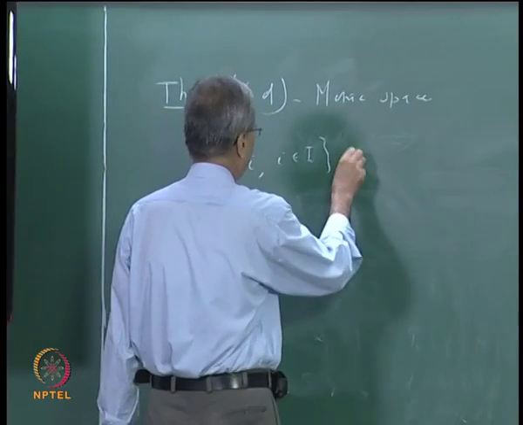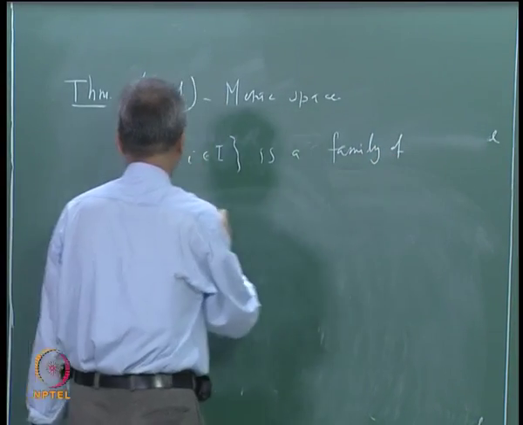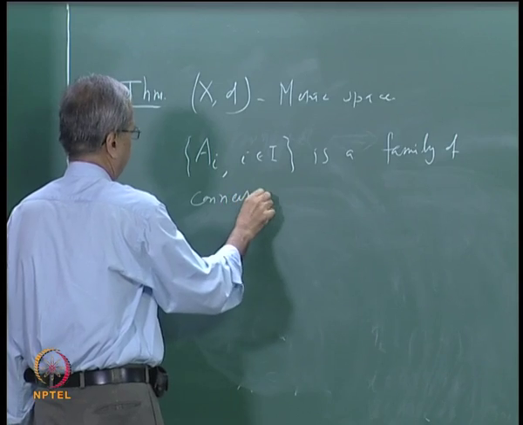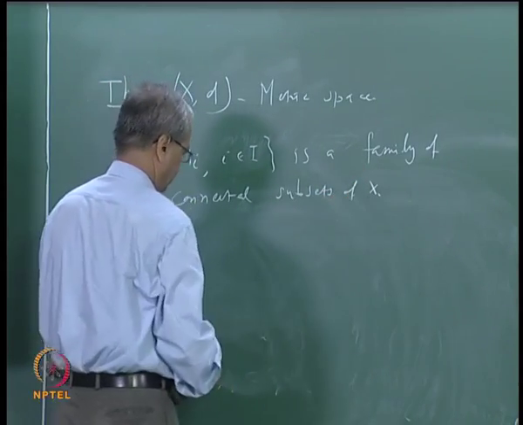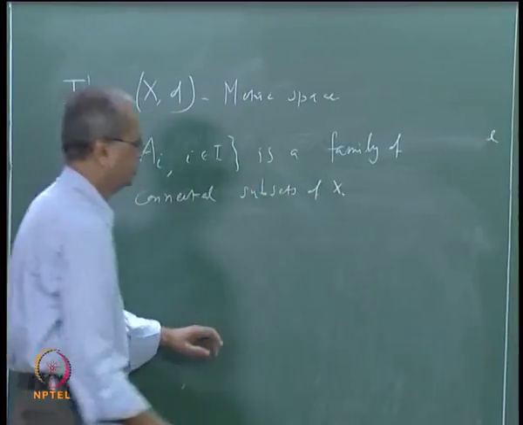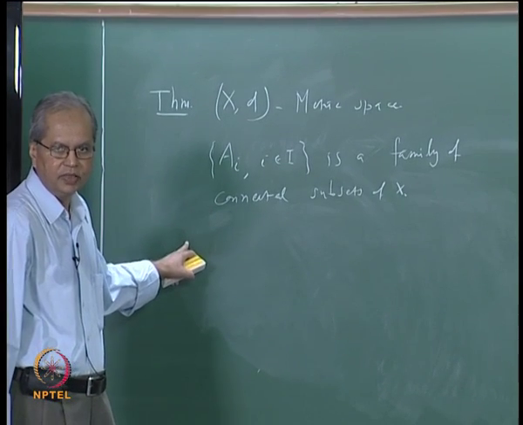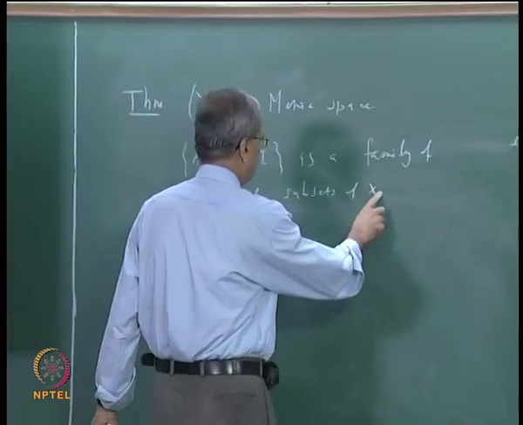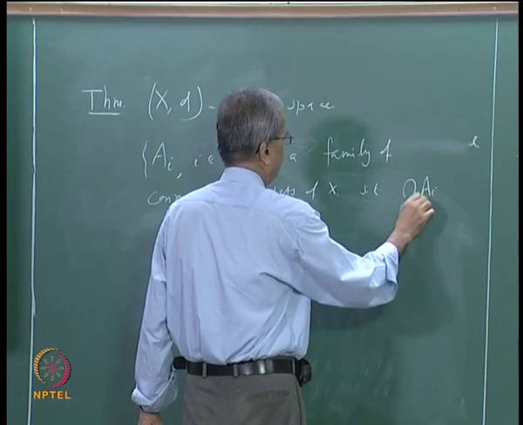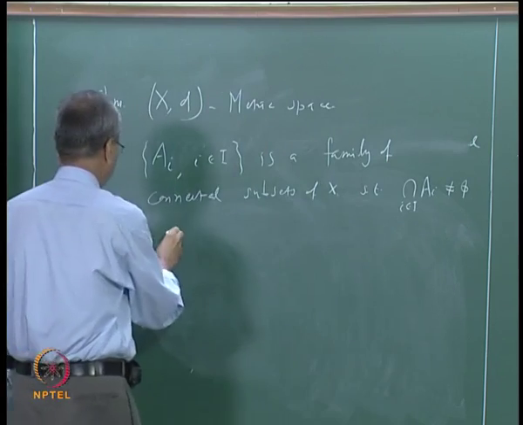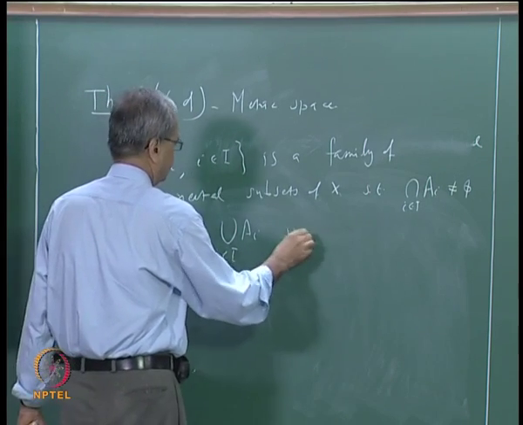This is a family of connected subsets of X. What we want to show is that if the intersection of the A_i, i belonging to I, is non-empty, then their union is also connected.